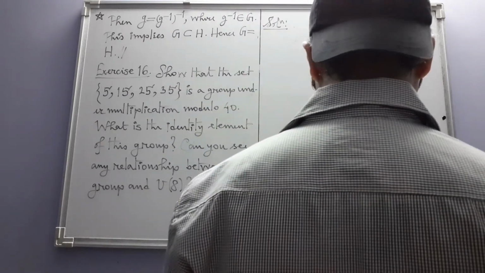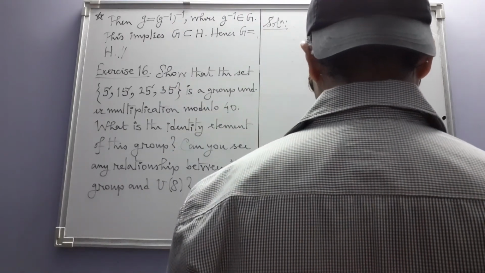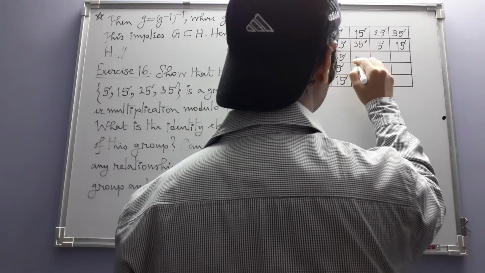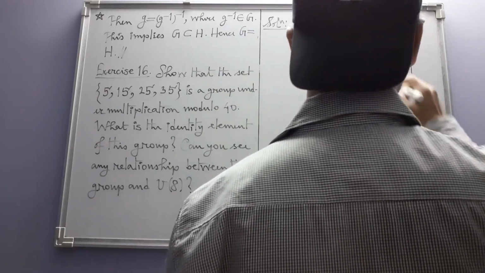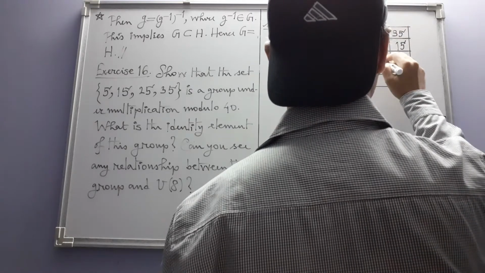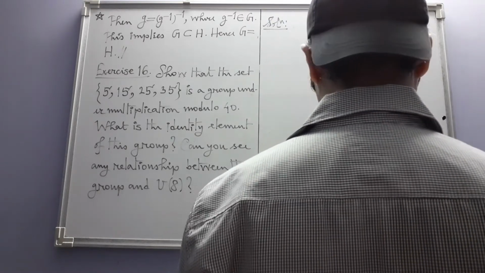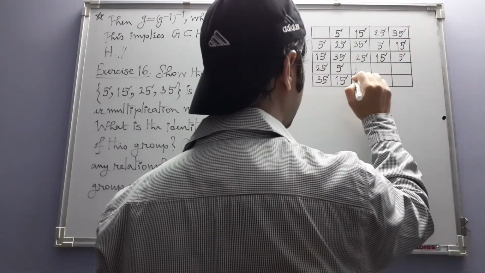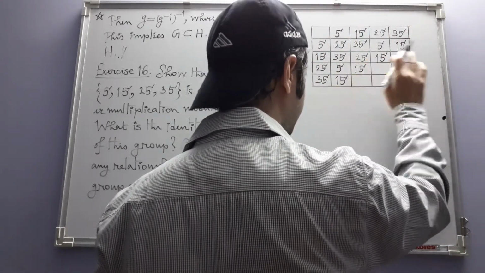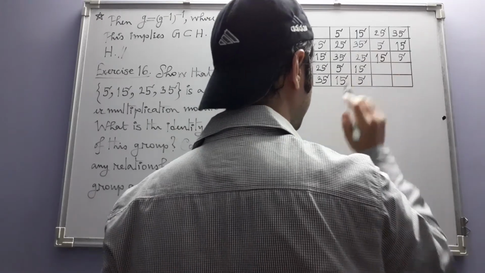Okay, then 15 times 35 turns out to be 25. 15 times 25 is 15, and 15 times 35 is 5. So here also we have 15, 5, 15, 5.